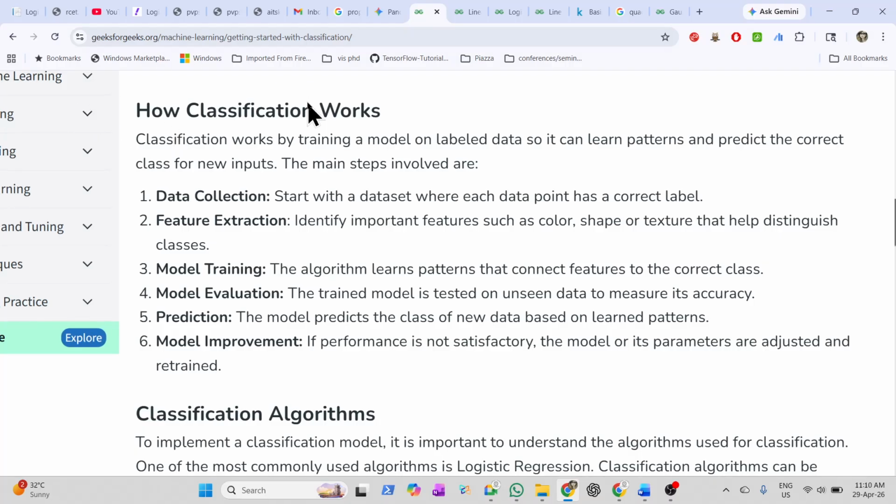This brings us to the working of the classification. How does it work? It works in some steps. Already when we learnt about data science, we have gone through all this.